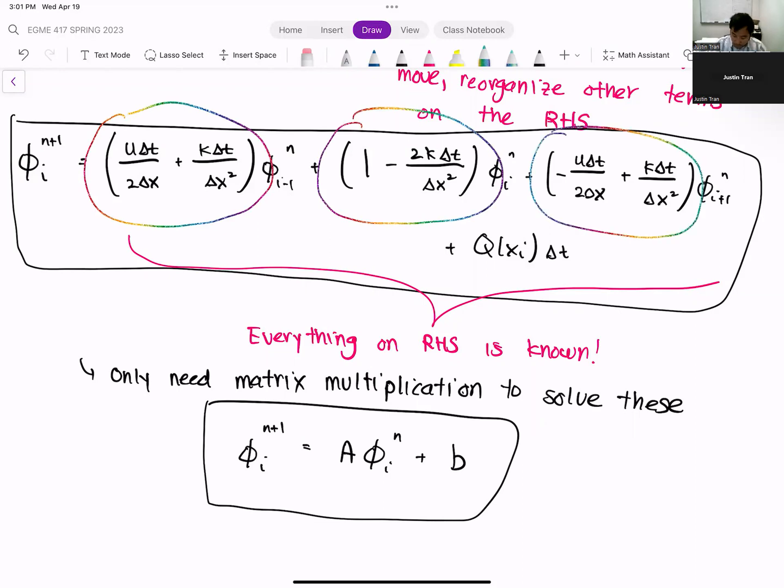They're circled in rainbow for some reason. And so those expressions there are going to give us a matrix, right? But unlike our usual matrix that we use to invert, for explicit Euler, we actually multiply that matrix by the current solution.